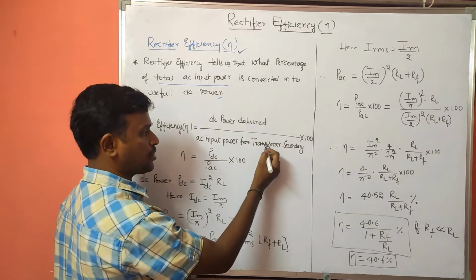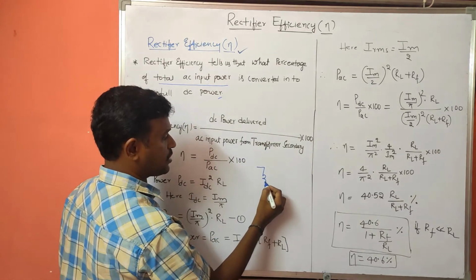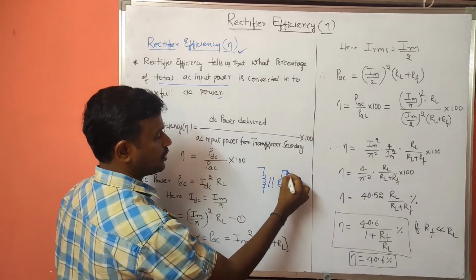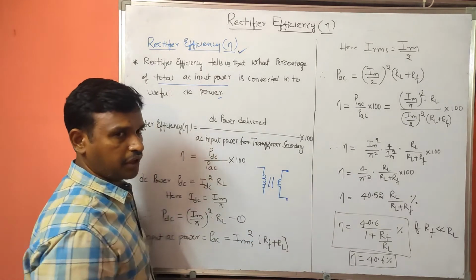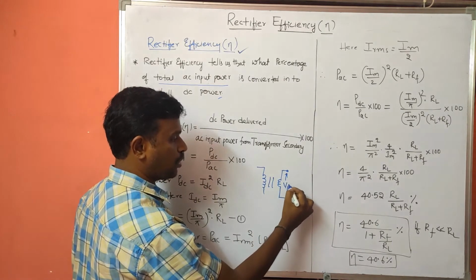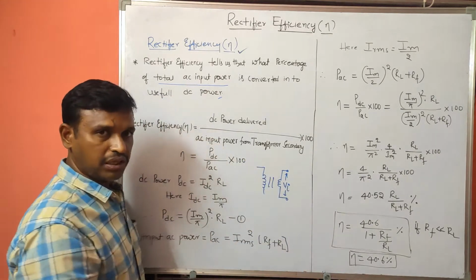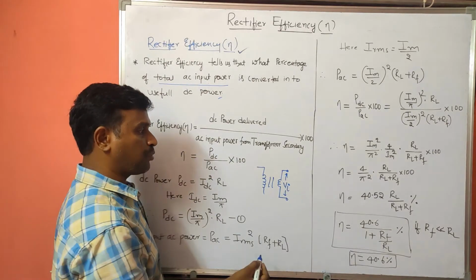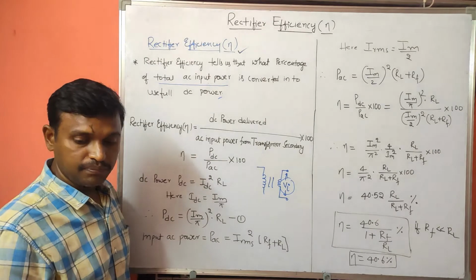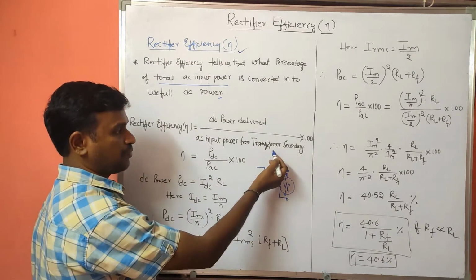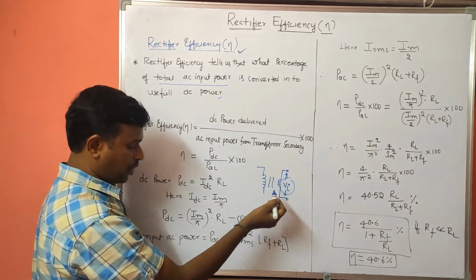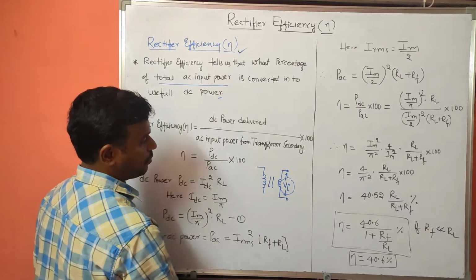If you consider this as the transformer, we have a step-down transformer for our rectifier, and the secondary voltage is what we apply to the diode. That's why we consider the AC input power as the transformer secondary input voltage and input power. Okay, that is the point you have to remember here.